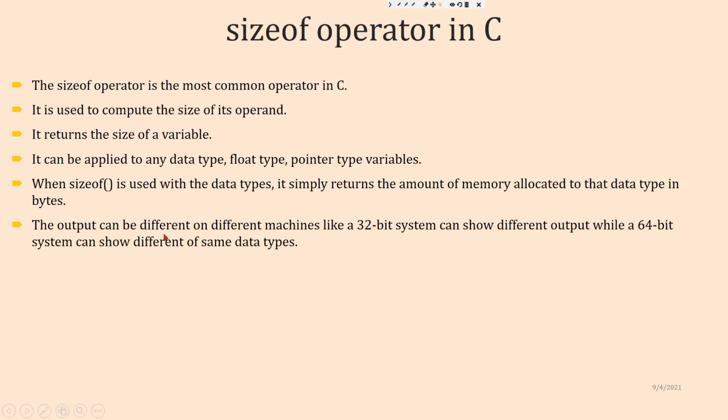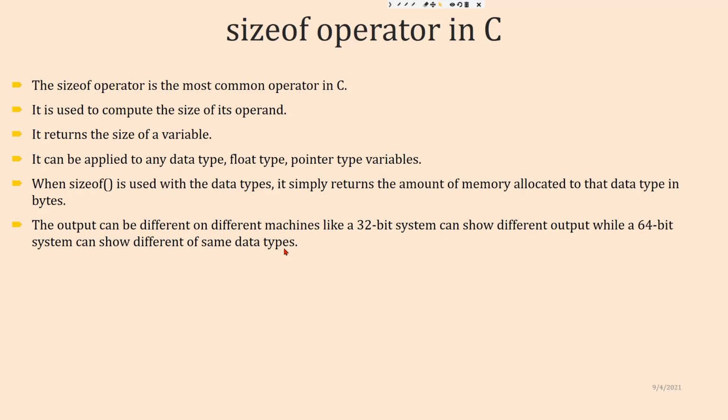The output can be different on different machines, like a 32-bit system can show different output, while a 64-bit system can show different for the same data type. You already know integer takes 2 bytes, floating point takes 4 bytes, and I told you in some computers it will differ.